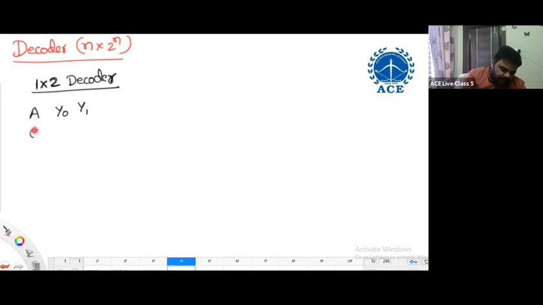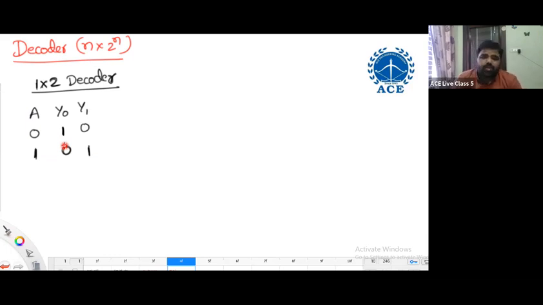This one input can be either 0 or 1. Depending on the input combination, the respective output is 1 and the remaining are zeros. If A equals 0, Y0 is 1, remaining are zeros. If A equals 1, Y1 is 1, remaining are zeros.